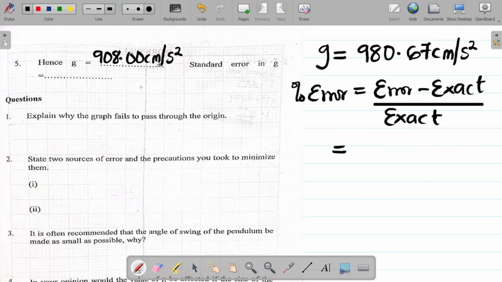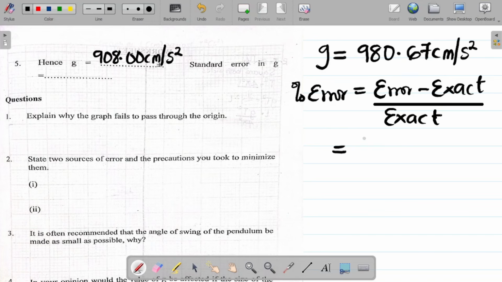If you look at this value, the one we calculated is actually the error, while the real value is the exact. So it should be error minus exact. But in a case where the exact is greater than the error, that's 980 being greater than 908, we'll have to reverse it. That means in the reversal it becomes exact minus error. The reason is because we don't want the value of percentage error to be negative.